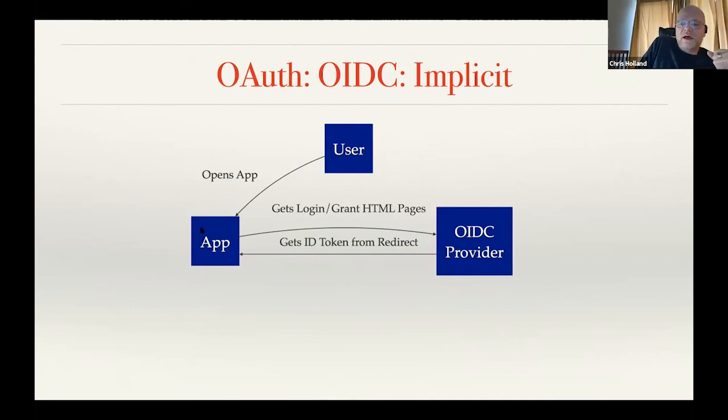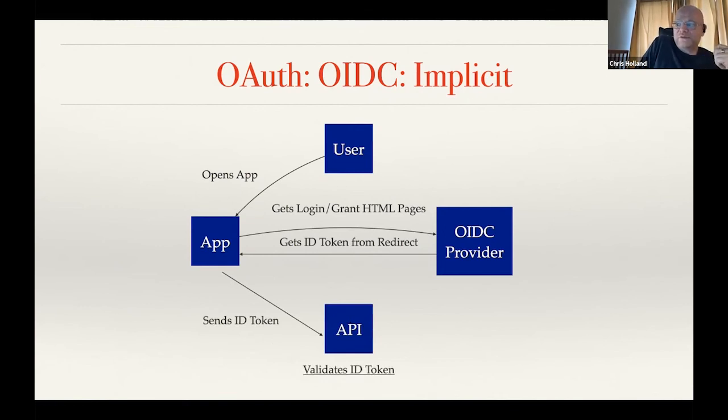Then the application will take this ID token and send it to your API. The API is going to validate your ID token based on a set of shared secrets with your OIDC provider. So in most cases, the areas in pink are your code, right? Your application and your API. Your phone app is your code and your API is your code. And most often, you're using a third-party OIDC provider.